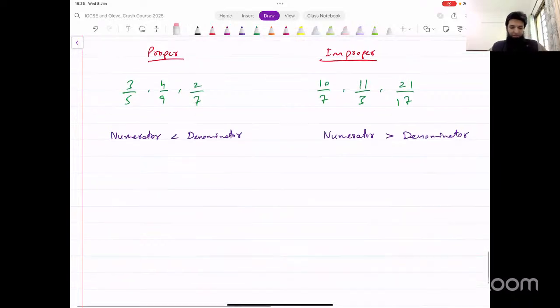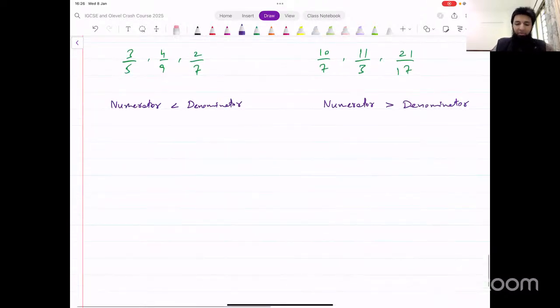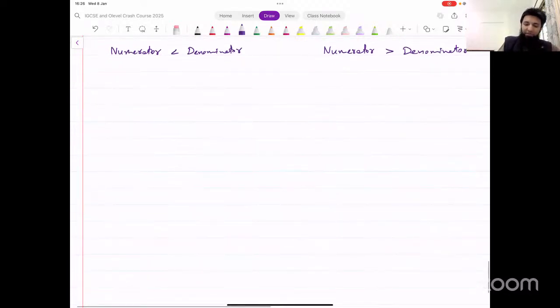Proper fractions, we write them as they are, but improper fractions are often written as mixed fractions. Now, how does that work? Let's take an example of that. Let's say you have an improper fraction like this.